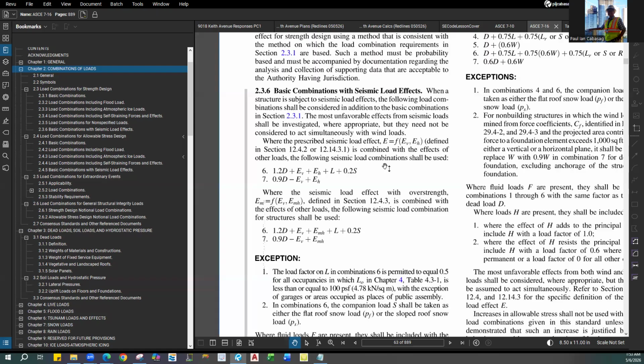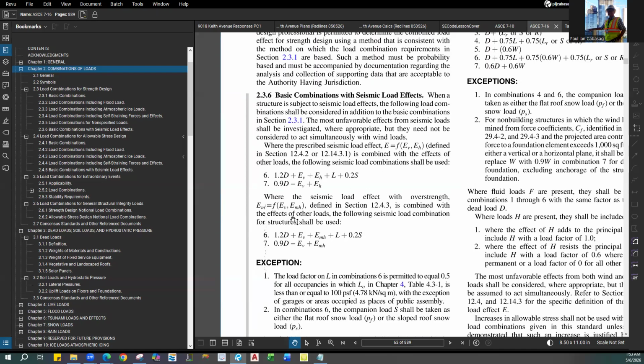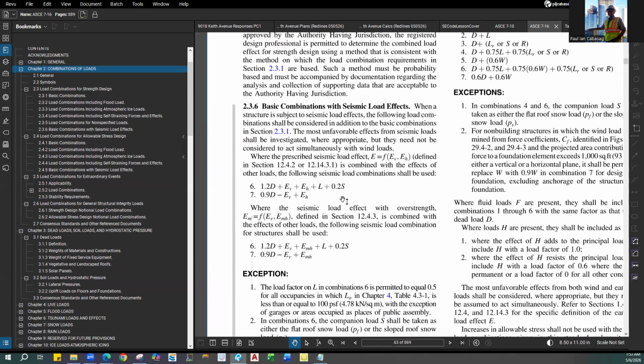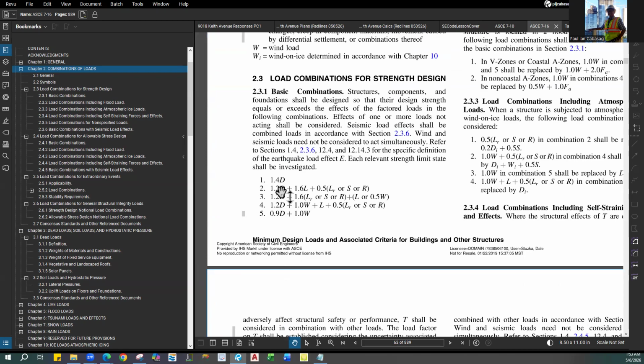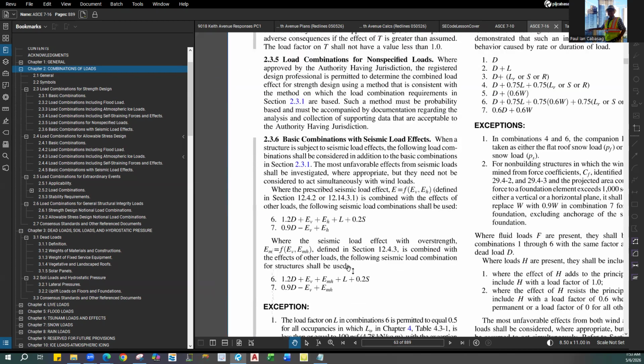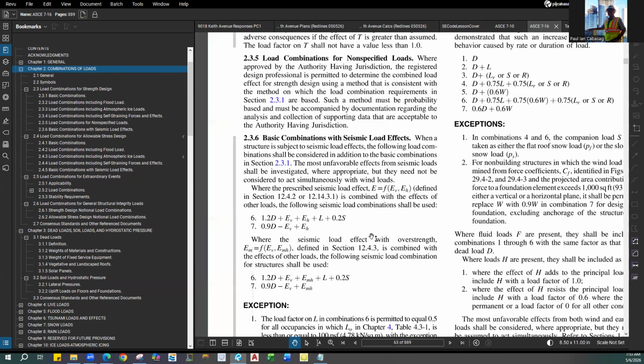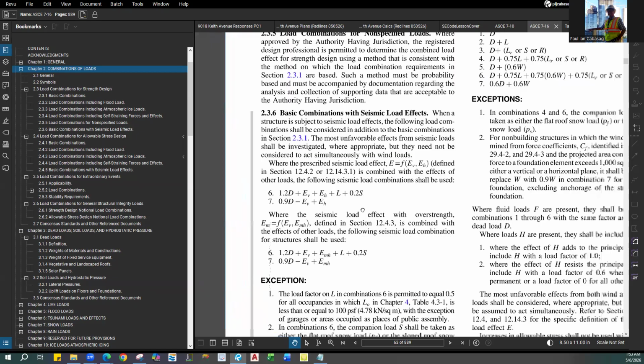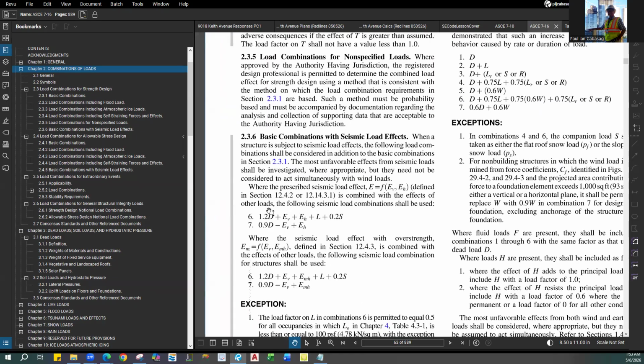Usually you have to compare both of these and look at which one is the largest. So you add these two sections to your gravity load combination, and then look at which one has a higher dead load or total load.